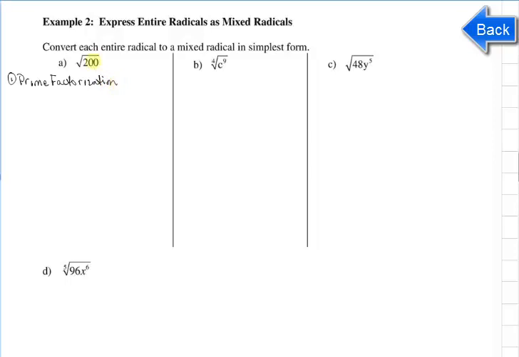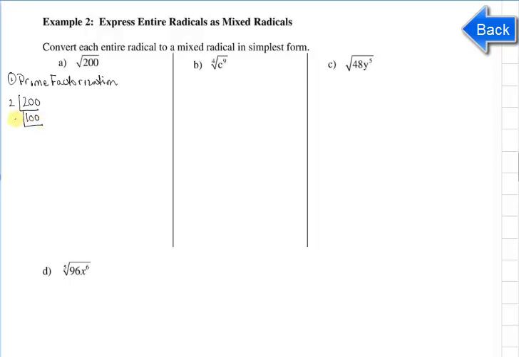Okay, so what you want to do is take the 200 and write it as a product of its primes. So I'll just work that out on the side here. I'm going to use an inverted division sign and divide the smallest prime number into 200, and the smallest prime number is 2, so 2 goes into 200 100 times.